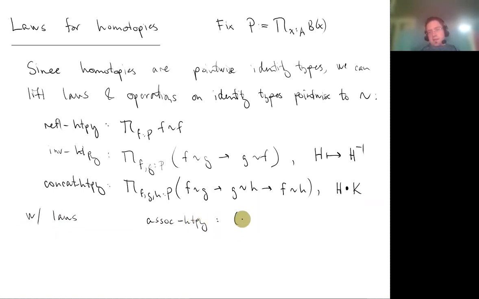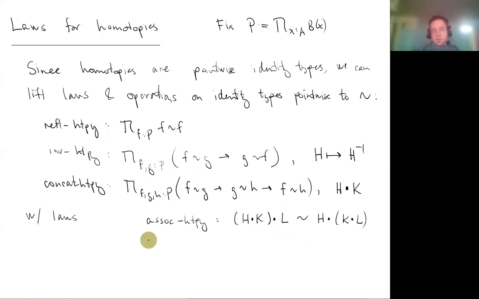So this would say that if you have three homotopies that I can concatenate, let's say H, K, and L, and if I first concatenate H and K, and then concatenate onto L, well, that's going to be homotopic to first concatenating K and L, and then concatenating H. Because pointwise, I can use the proof that concatenation of identifications is associative.